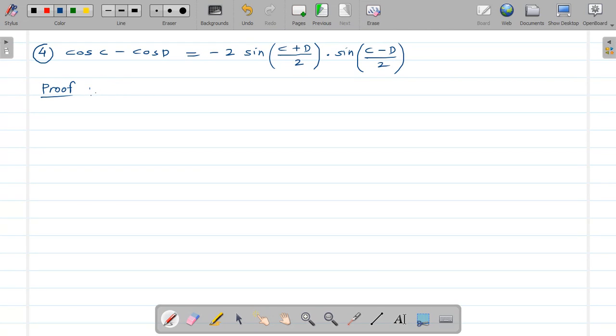So here also we have to use the compound angle formula. Now in this case, if I take cos (A plus B) minus cos (A minus B), what will be the subtraction?